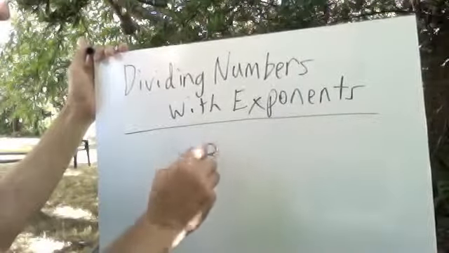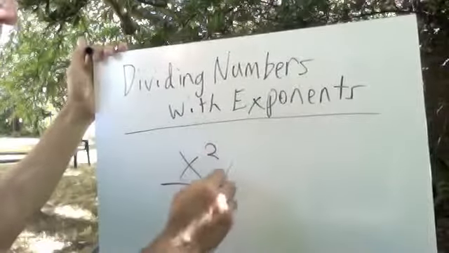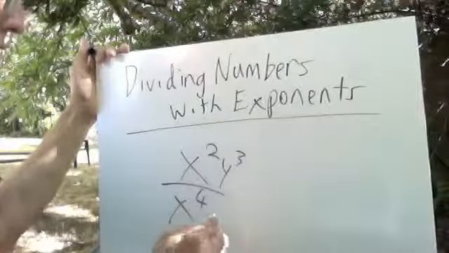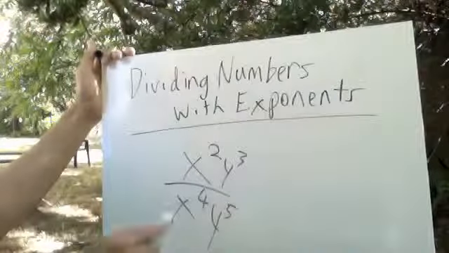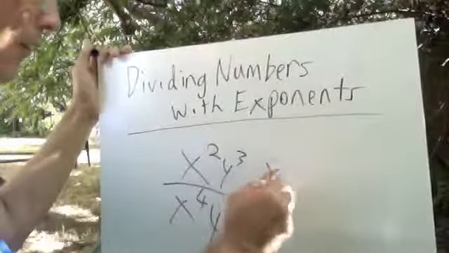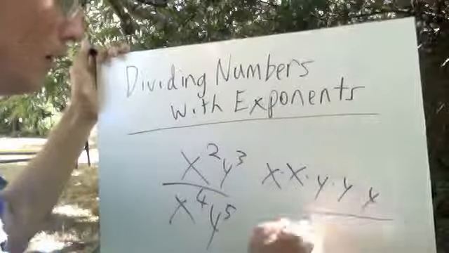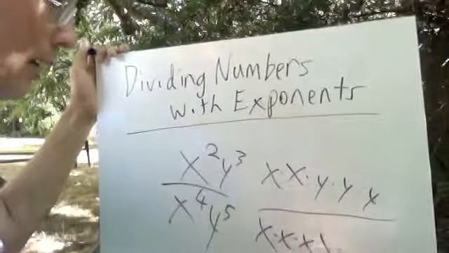X to the 2nd over x to the 4th, y cubed, and y to the 5th. So you'll have x times x times y times y times y over x times x times x times x.